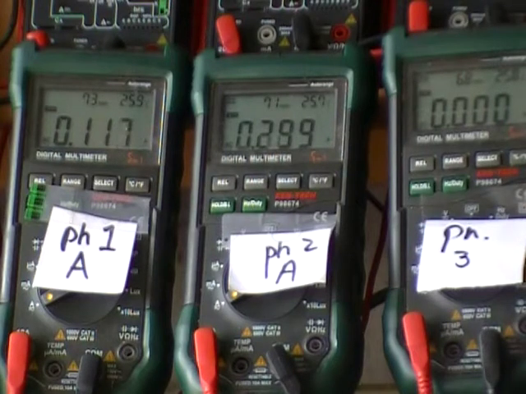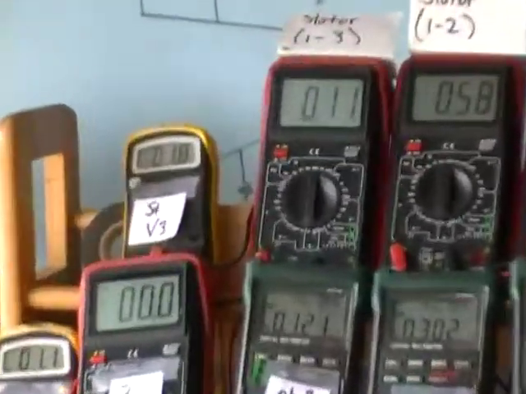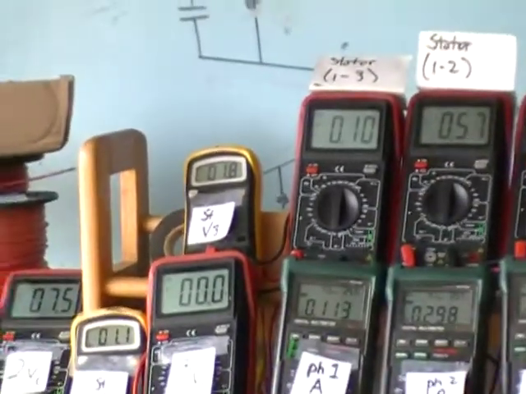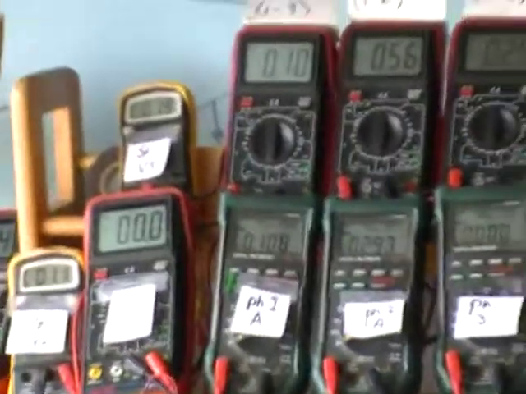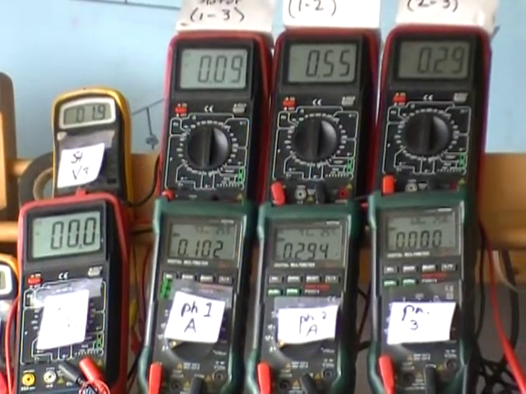And then we look at phase 3, it's 1.8 volts now. And it's not producing any amperage. So we'll go ahead and finish out and plug in phase 3.